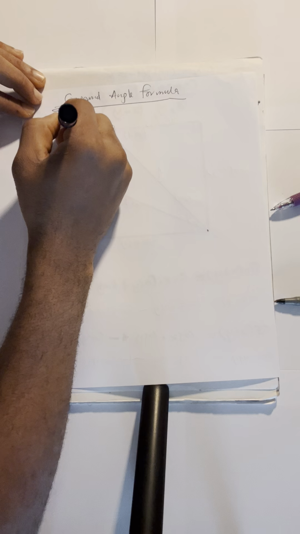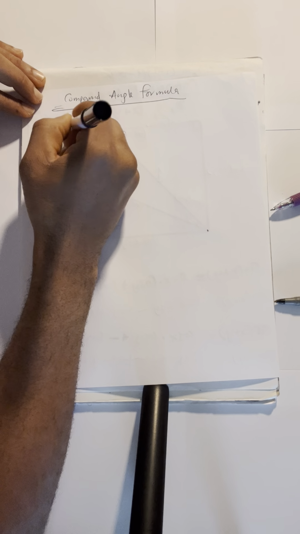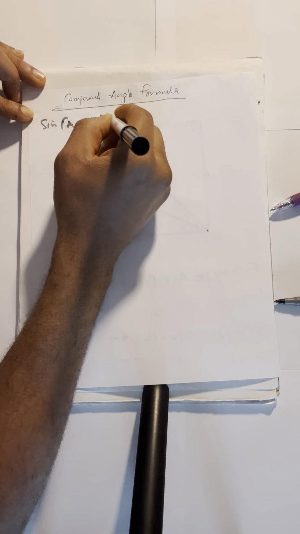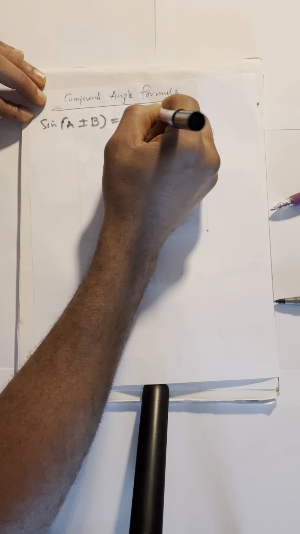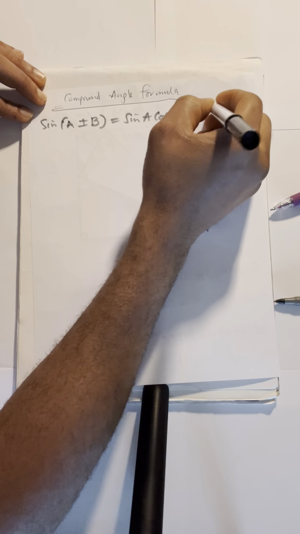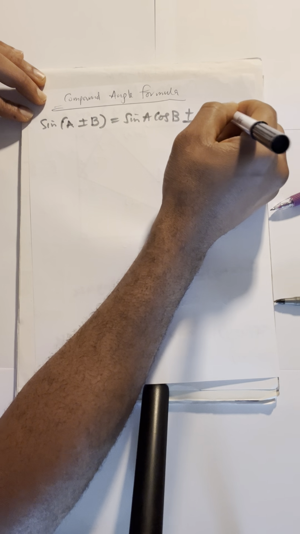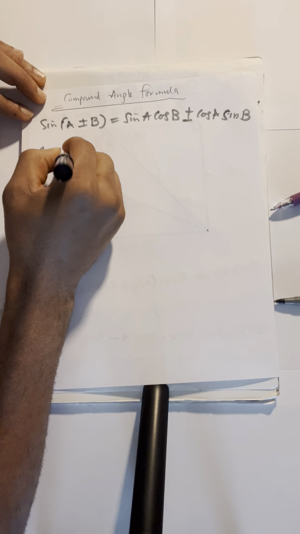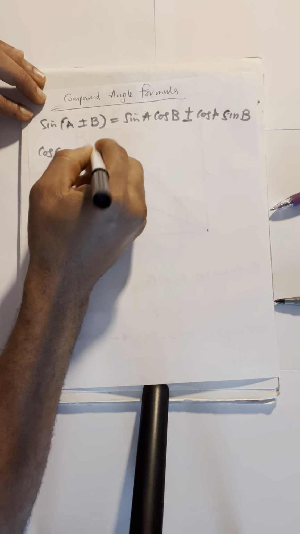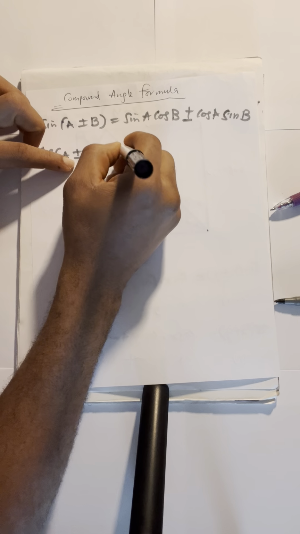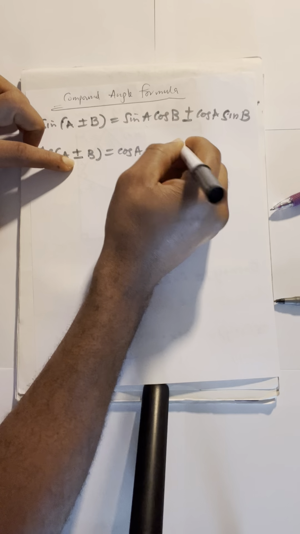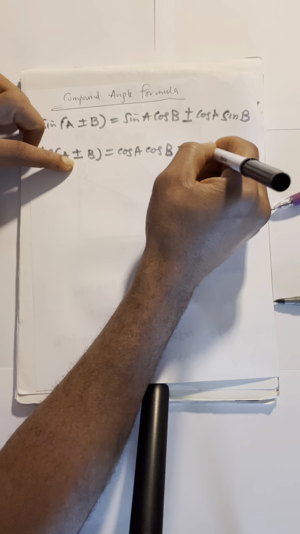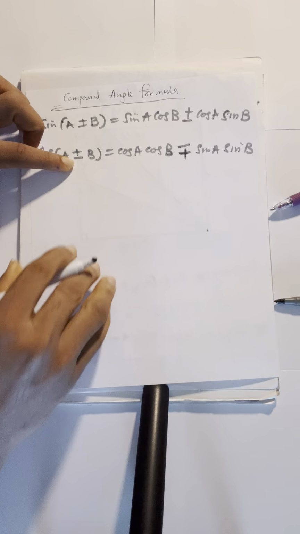So I can write the four formulas as sine A plus or minus B will be equal to sine A cos B plus or minus cos A sine B, and our cos will be cos A plus or minus B will be equal to cos A cos B minus plus sine A sine B, okay?